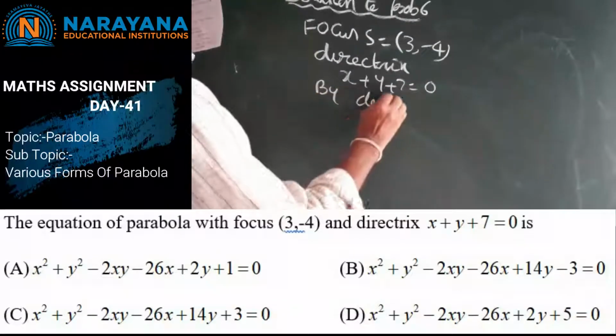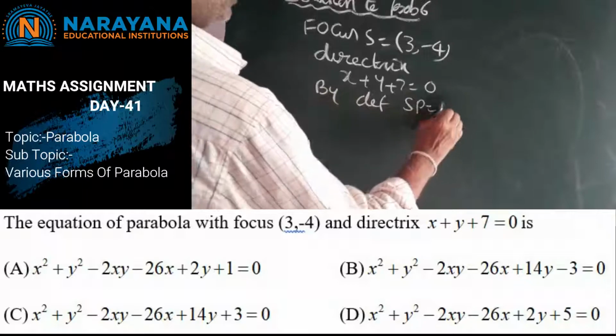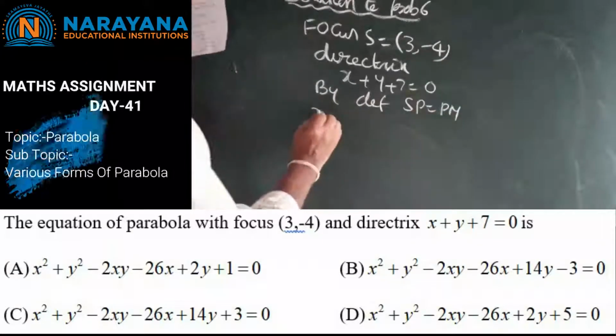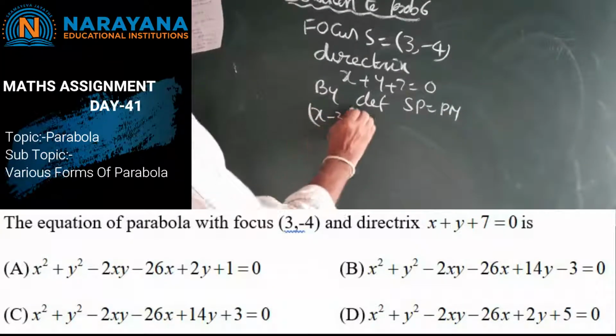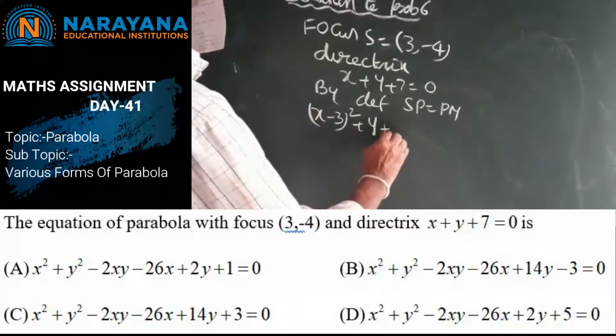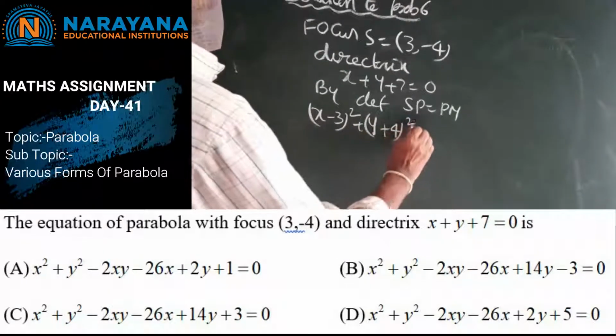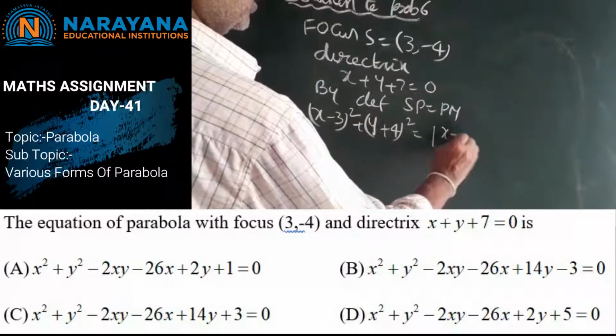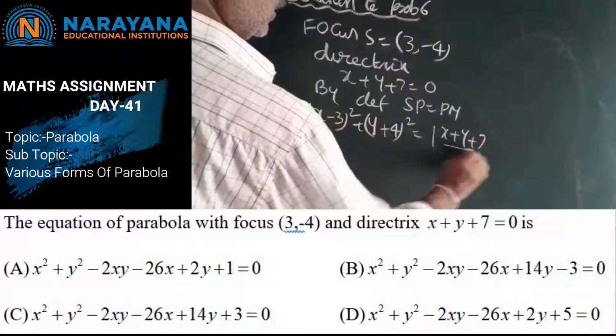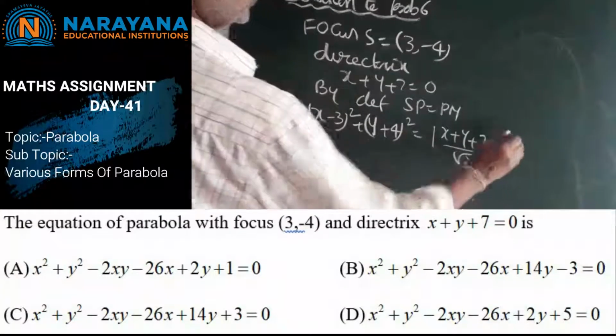By definition, SP is equal to PM. So (x - 3)^2 + (y + 4)^2 = ((x + y + 7)/root 2)^2.